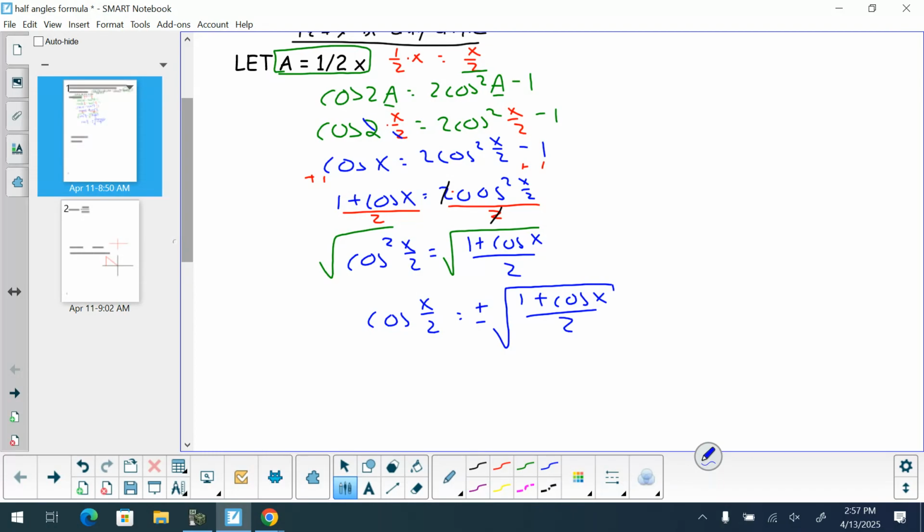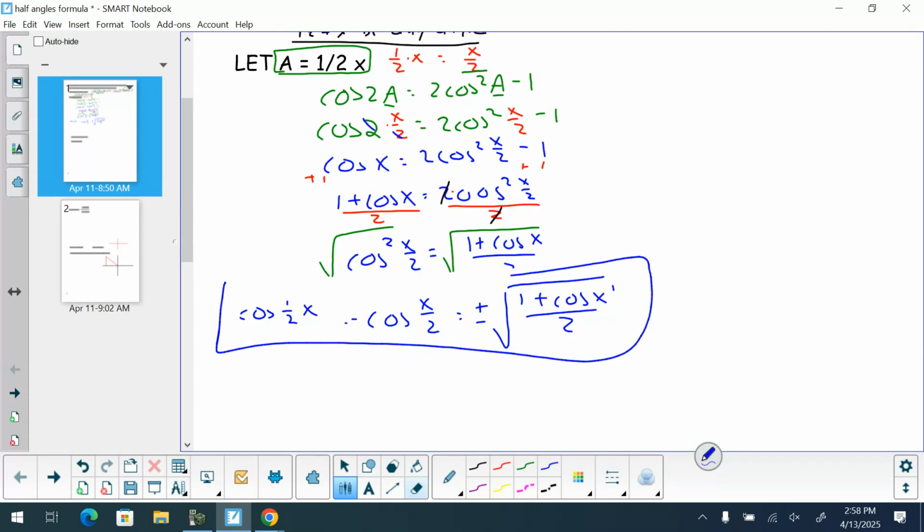But this is the cosine of a half angle. We have x divided by 2, or we could write this as cosine of 1/2 x. Either way is correct. Once again, x over 2 or half x is half of an angle. This is something that you should add to your identity sheet.